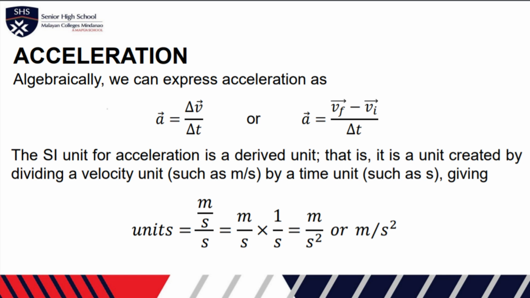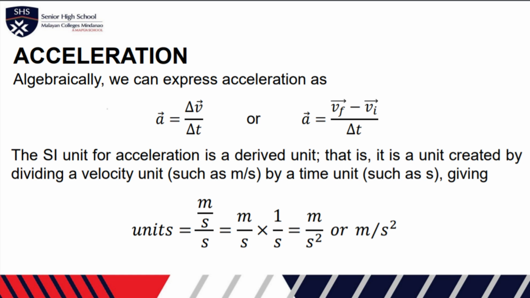Or if the initial velocity and final velocity are given, you may also express that as acceleration is equal to final velocity minus initial velocity over change in time. Again, that's acceleration is equal to final velocity minus initial velocity over change in time.